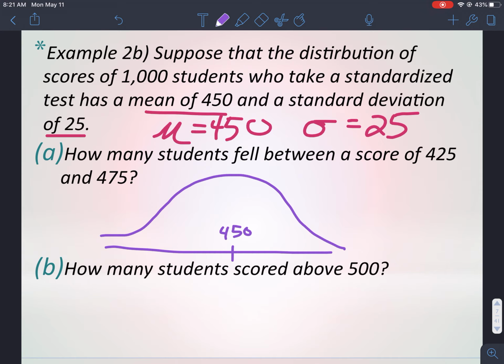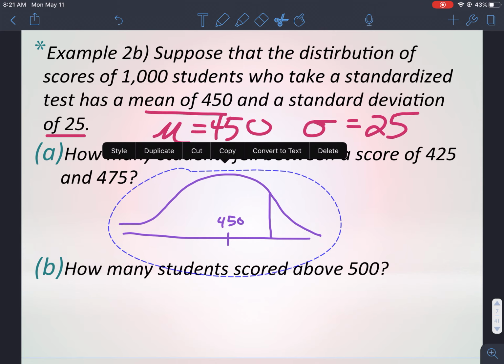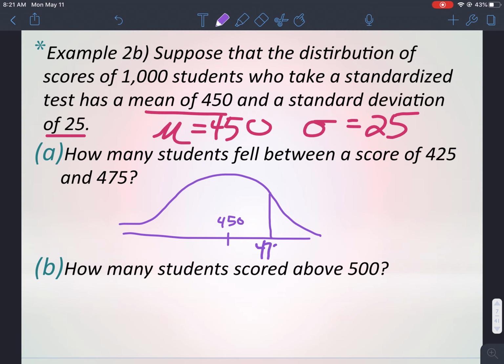And if I add 25, that's going to get me to a score of 475. If I subtract 25 from 450, that's going to get me to a score of 425. So this is the area underneath the bell curve we are trying to find out. How many students does that represent?